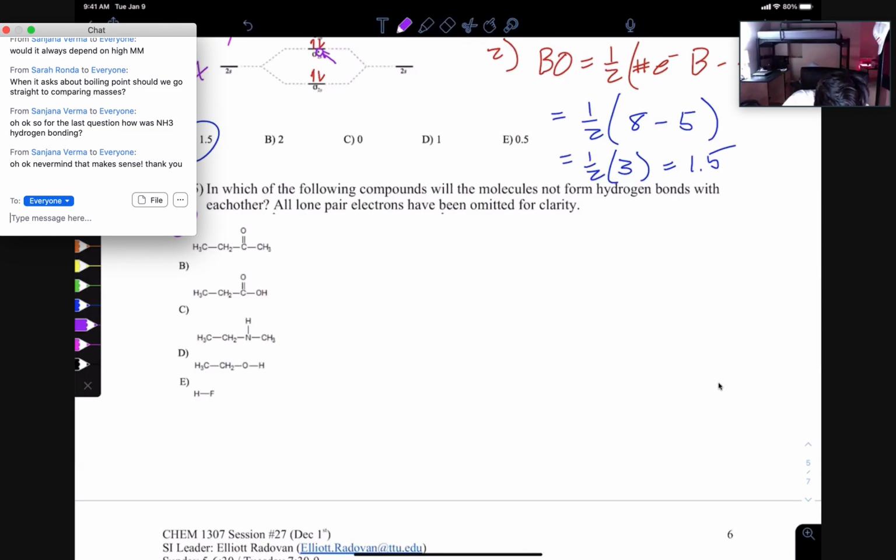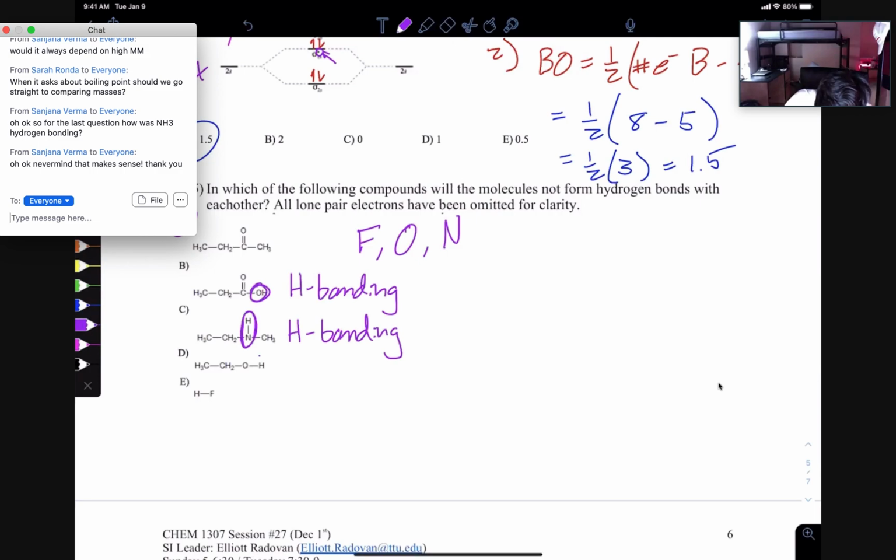With B, we have an OH right there, so that hydrogen is bonded to an oxygen. Just again, for reference, fluorine, oxygen, or nitrogen. So this does have hydrogen bonding. Next, in part C, this hydrogen is attached to nitrogen, so we have hydrogen bonding.